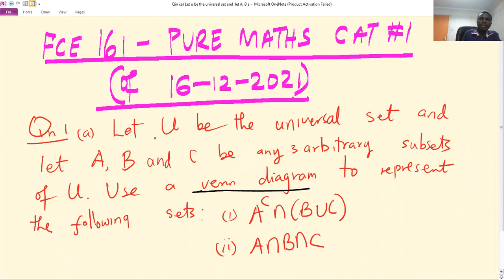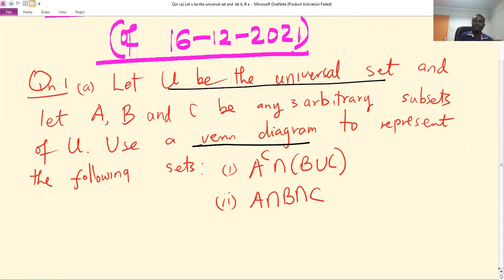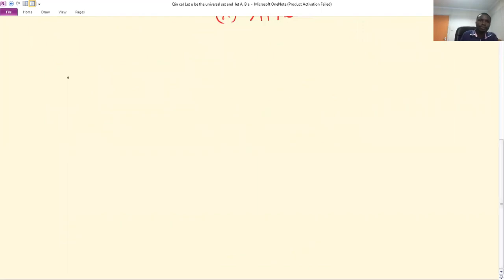Because they have already specified a universal set U, when you're representing the sets given in Roman 1 and Roman 2, you must clearly show the universal set U. If you don't show the universal set U, then you don't score on this problem.